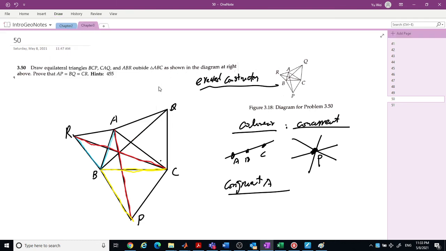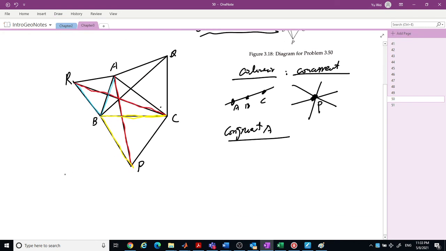Now you already find the two sides are equal. So you already find the triangle CBR and the triangle PBA. You already have CB equals PB, and you have RB equals AB.